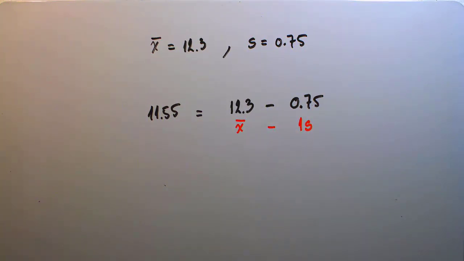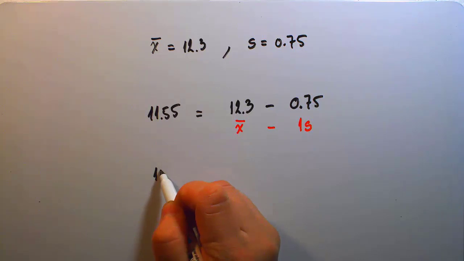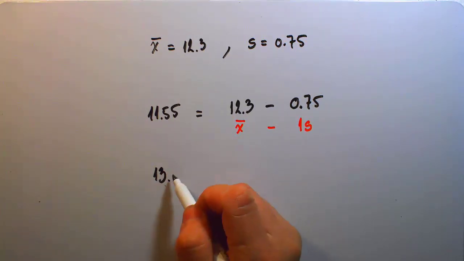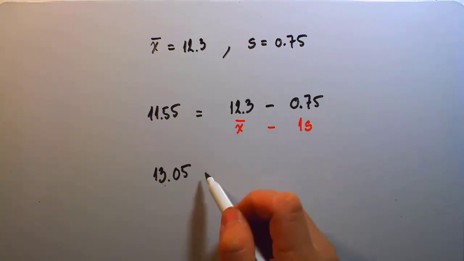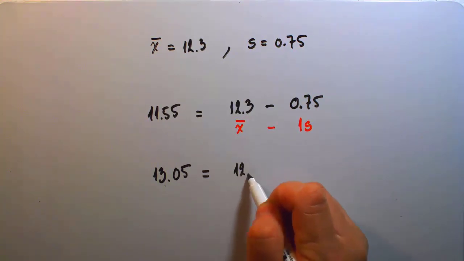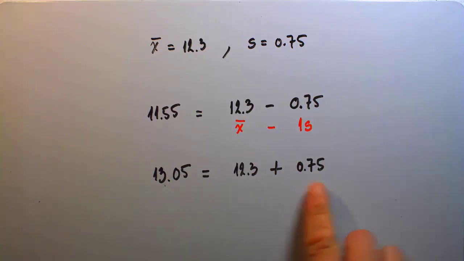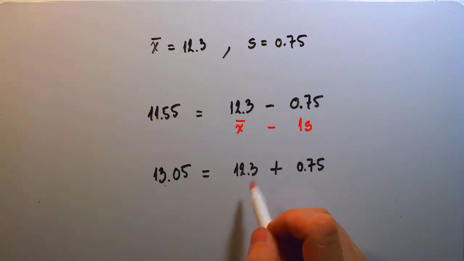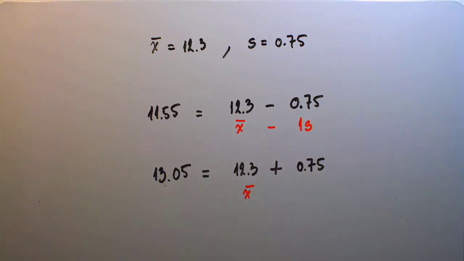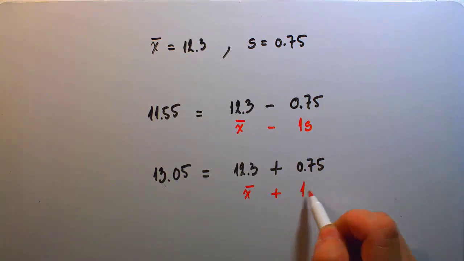Now I am going to look at the other value, the upper end of our given interval, 13.05, just out of curiosity. 13.05 does turn out to be 0.75 added to 12.3. Again we recognize, wait a minute, this 12.3 is the mean value of the data we're working with, plus 1 standard deviation.